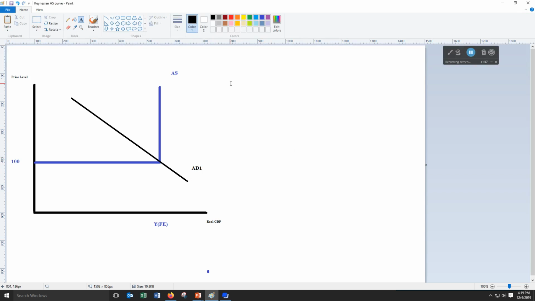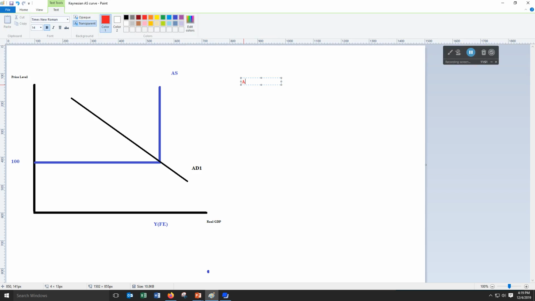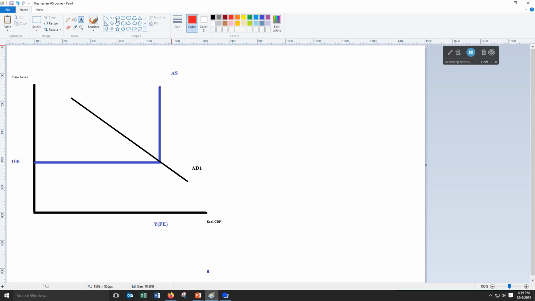Now, say animal spirits decrease in the economy, and that causes a reduction in output. So here's aggregate demand is equal. Sorry, I want to do that in black. I'm going to escape, redo that. Okay, here we go.